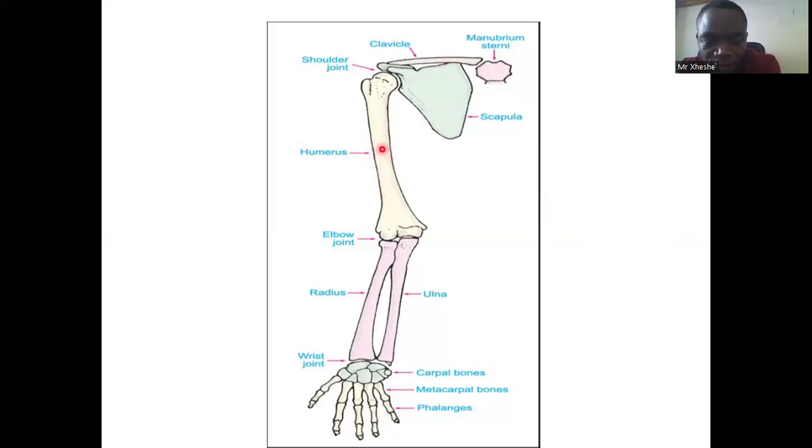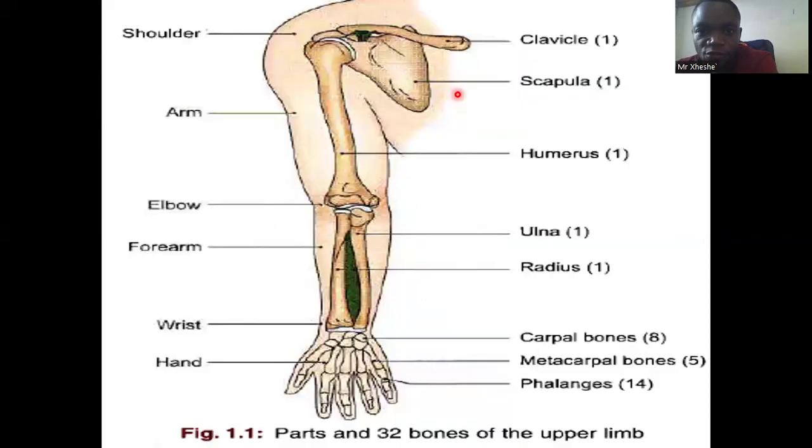The central part is bone, but the rest is cartilage. This one is almost completely bone, maybe with cartilage on the lateral ends. And therefore, during birth, it's easy to fracture the clavicle. Anything that is hard, you apply pressure, it breaks. Cartilage is more flexible than bone and doesn't easily break.